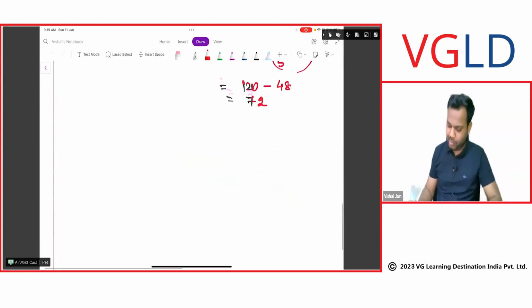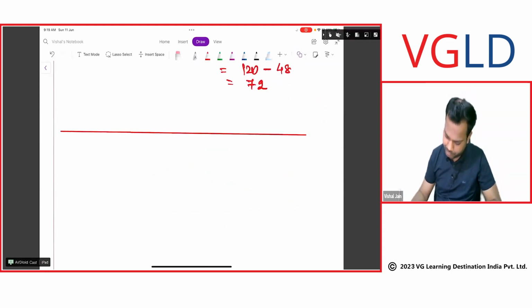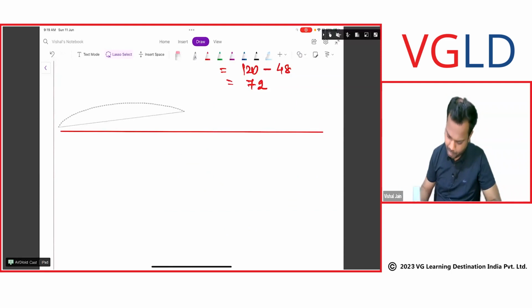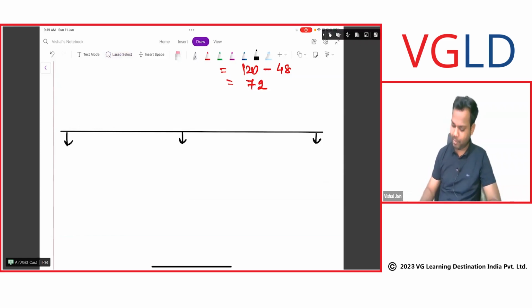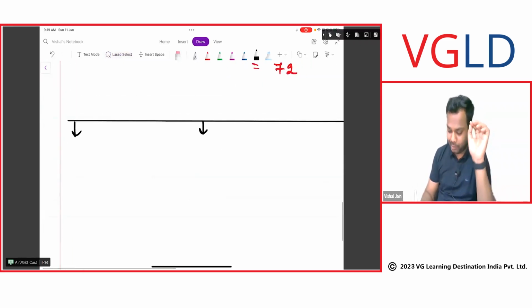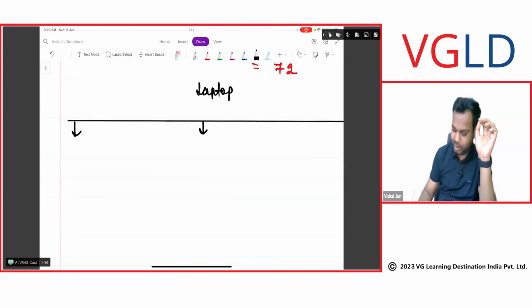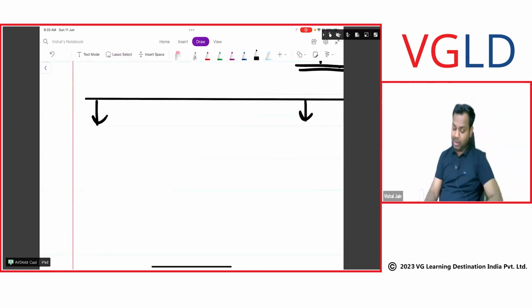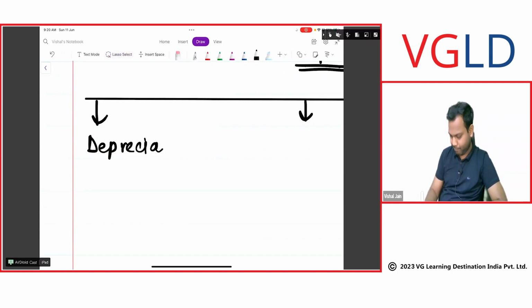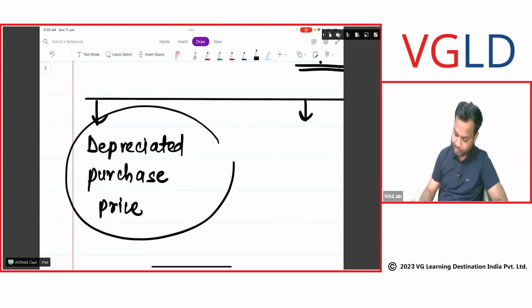How exactly? I will tell you now. See here. Think of it like this. Okay, laptop. You have a laptop. Now, what is it called? Depreciated purchase price. This is called historic cost.